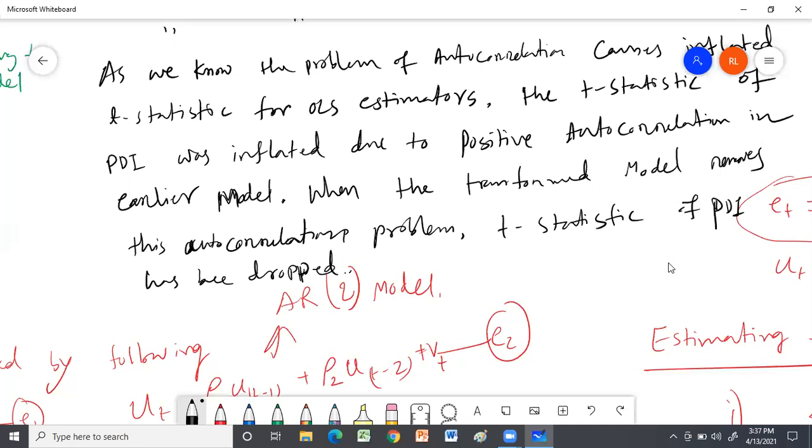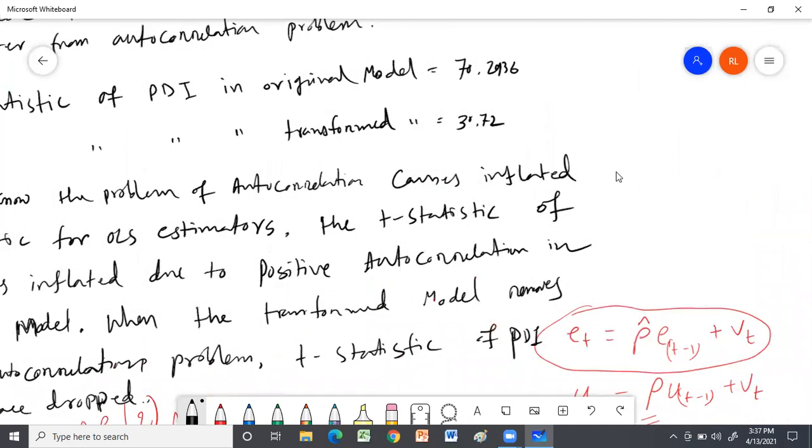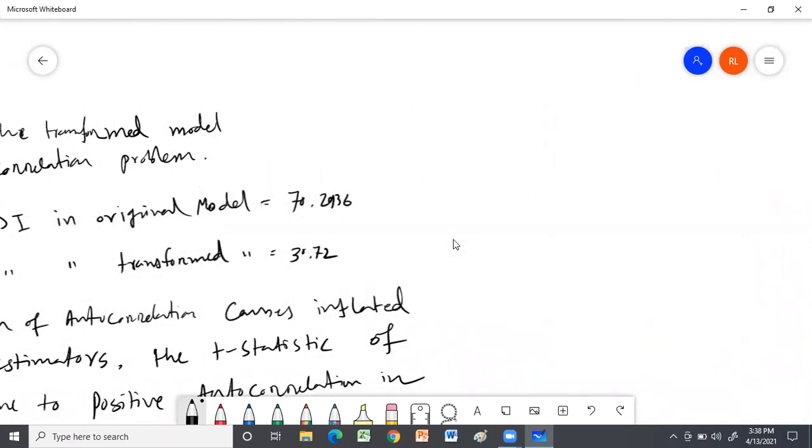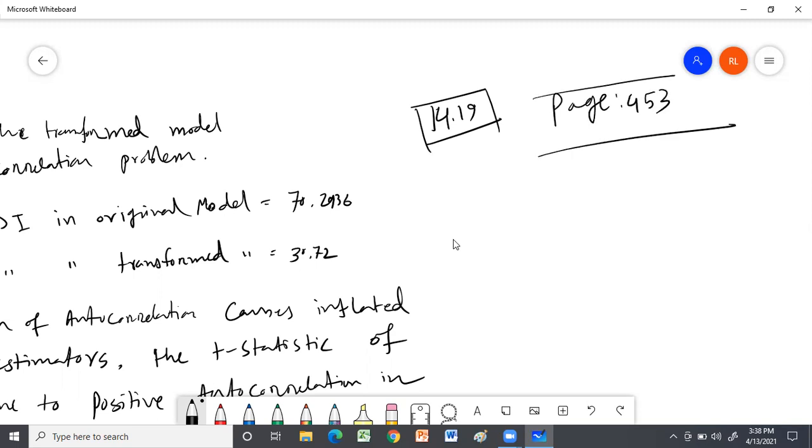Okay. So after this, move on to the next page, and you have to solve one problem by yourself, which is 14.19. That is already known to you. They have given you a model 14.19 in page number 453. Can you all see page 453?